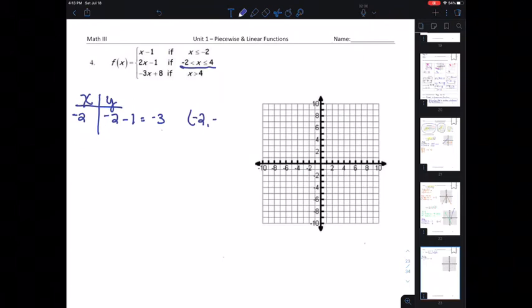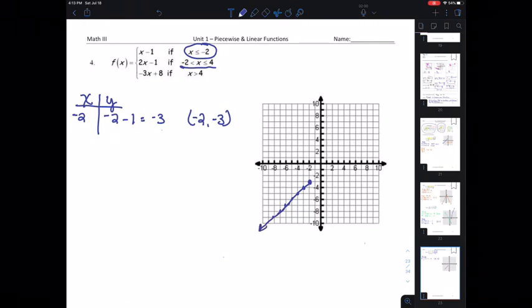So our first point is negative 2, negative 3. And we have a closed circle because it's less than or equal to. We have a slope of positive 1, so we're going down and over, and we draw a line.